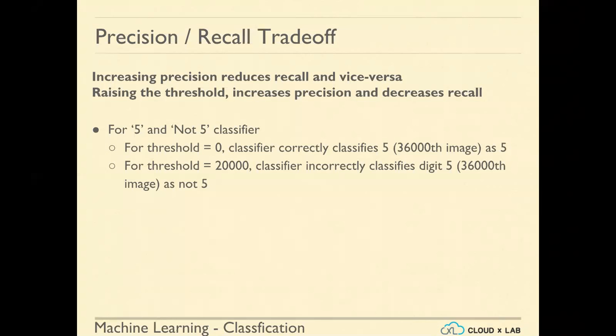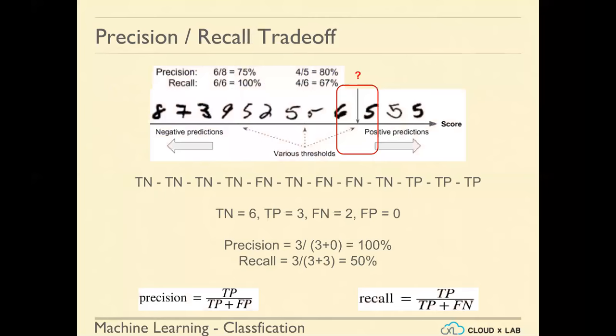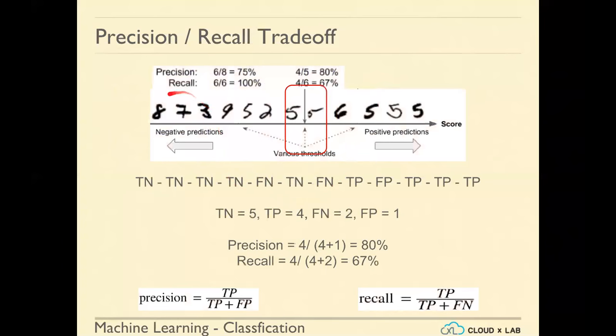Understanding score would be better if you think in terms of the loss function: if you are classifying something as 5, every digit would have a certain score with respect to 5. So when we are classifying this as 5 or not 5, we'll be computing how far 8 is from the hyperplane and so on. That is the score. It makes sense.